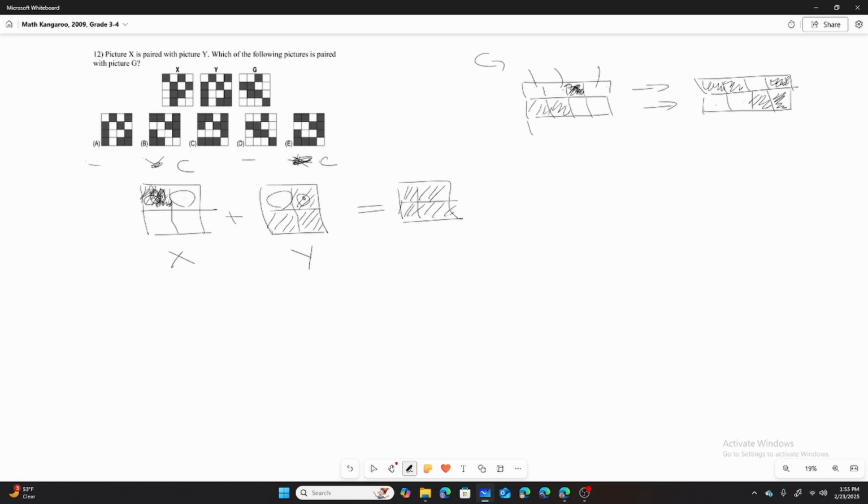Let's go one more row. In G, this part is shaded. That means that this part is shaded. It seems like both B and E are the same.